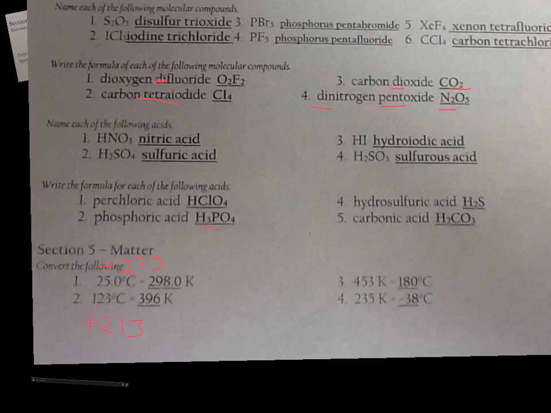And for number 3 and 4, the same thing applies from going from Kelvin to Celsius. You subtract 273 from the Kelvin. So when you subtract that from 453, you get 180. And for number 4, when you subtract 273 from 235, you get -38 degrees Celsius for your answer.